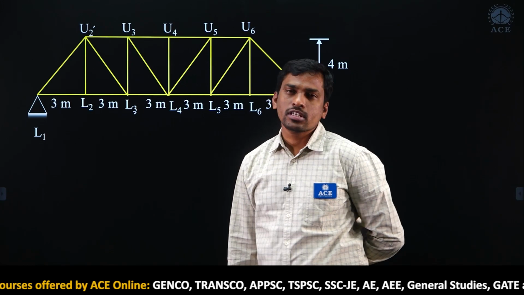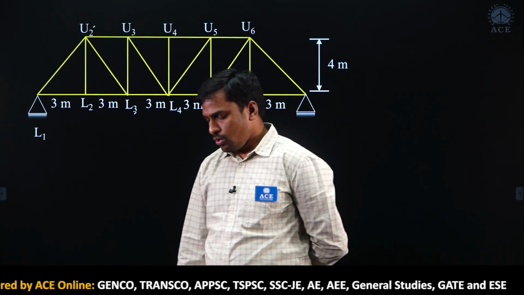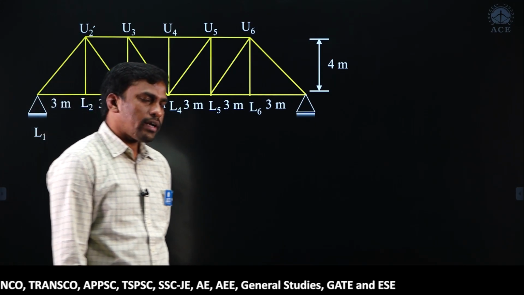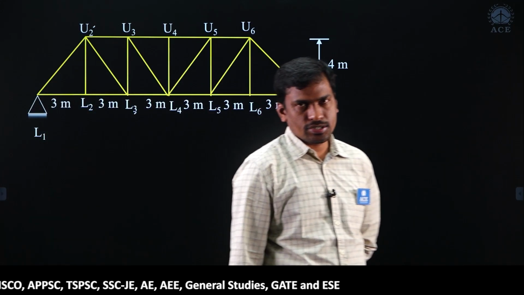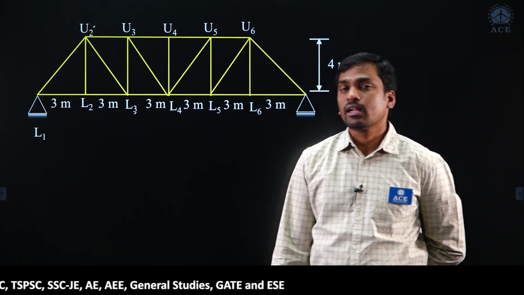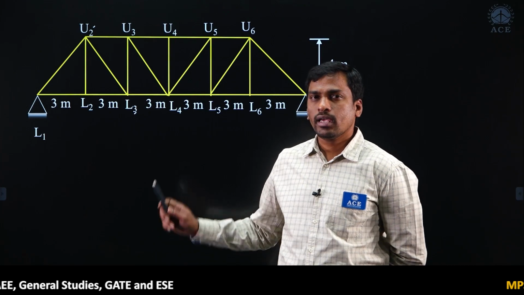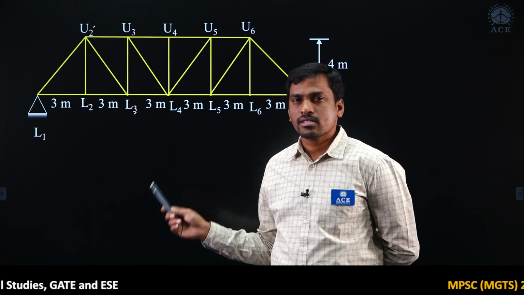To find the force you can use method of joint or method of section, but method of joint is a time-taking method, yes or no? But method of section is a time-effective method. So here we will prefer method of section.